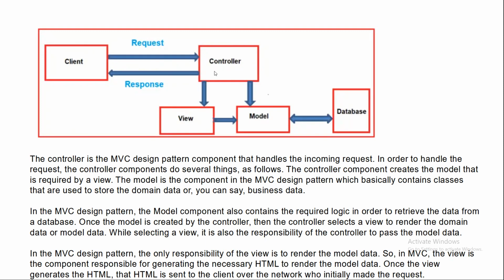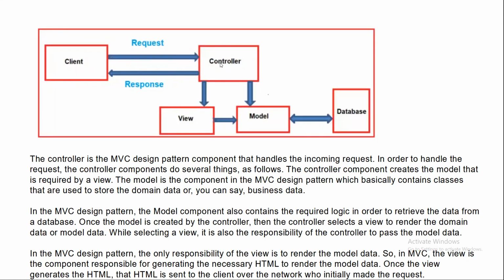This controller component is responsible to take the requests from the client and also to provide the response to the client. As the name depicts, it's controlling. It controls the client interactions, whether to receive any data from the client or to send back any data to the client.